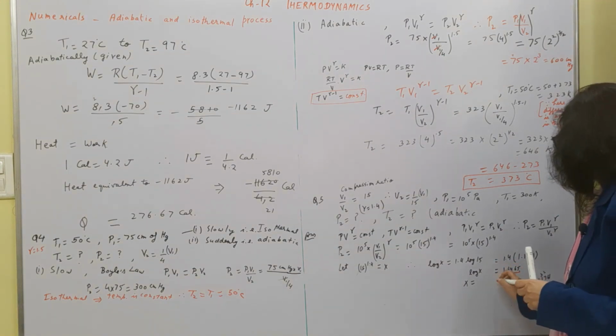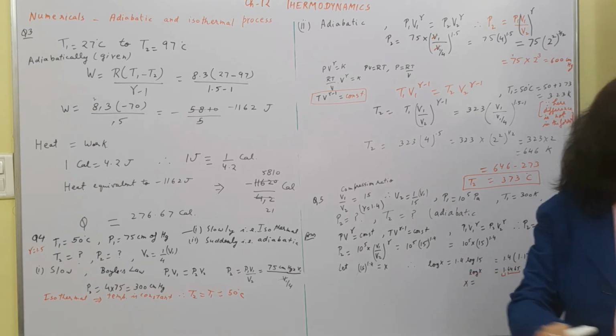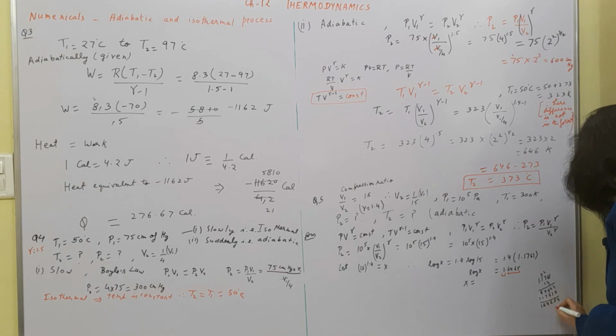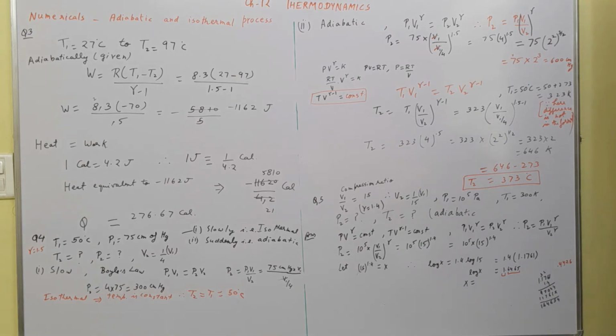So here we will first check the mantissa value from the table. 0.646, we have 0.4426, and 5 mean difference.